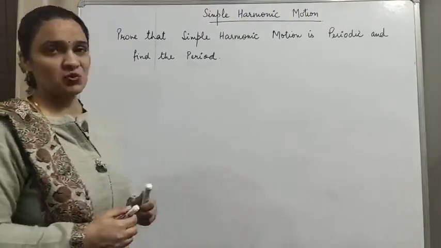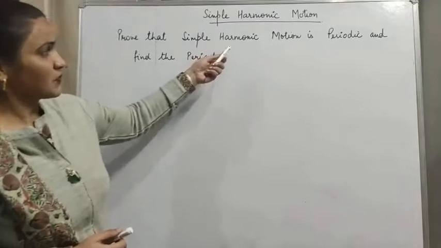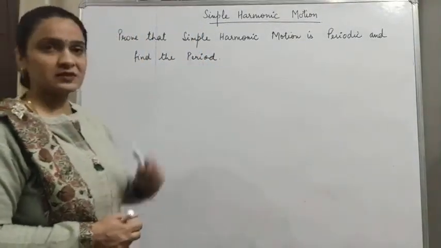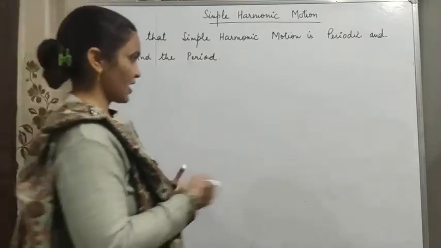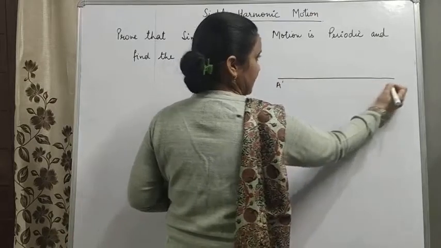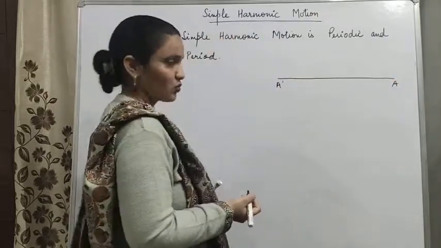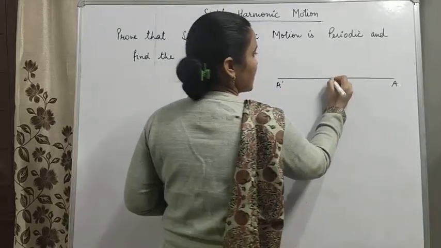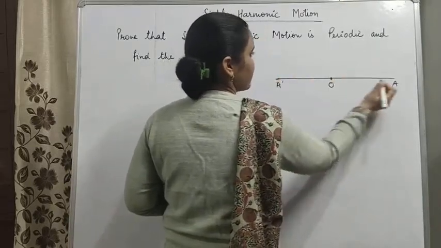Students, let us prove that simple harmonic motion is periodic and find the period. So we have a particle which is moving in a straight line A dash, O and A. This is the mean position and these are the extreme positions.